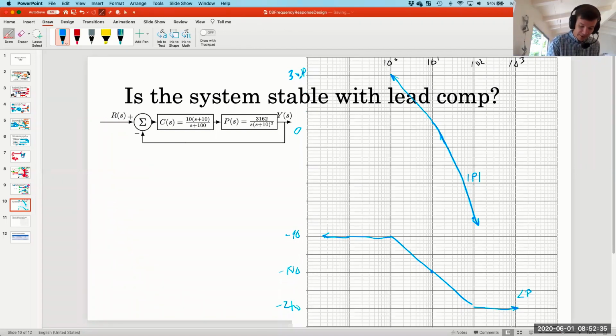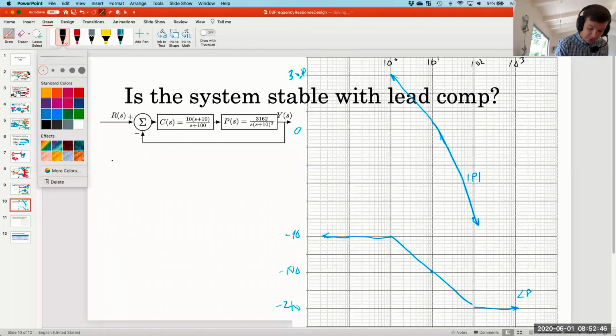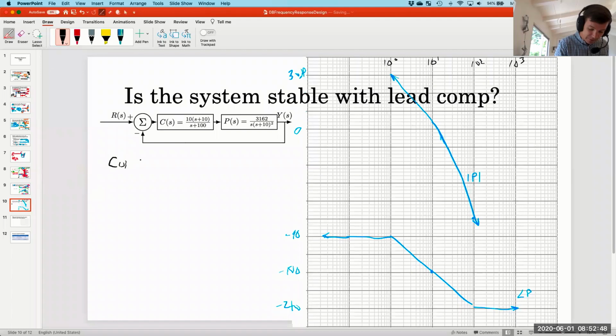Okay, so let's talk about the magnitude and phase of C, because if I can draw the Bode plot of C, it's cascaded with P, so I just get to add them. Okay, so C of S, if I write it in leading ones form, is 10 times (S over 10 plus 1) over 100 times (S over 100 plus 1).